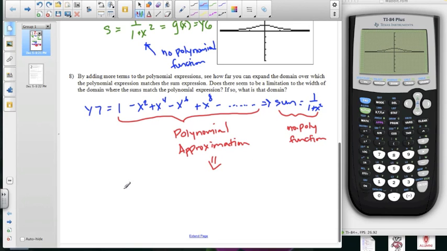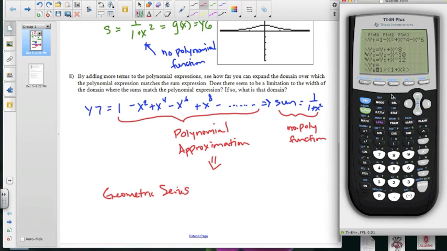And so if we go back to our definition of a geometric series, and we look at the graph to see where this graph lines up with the polynomial approximations, which I'm going to turn back on now, we can see that those polynomial approximations match up pretty good in that area from -1 to 1.